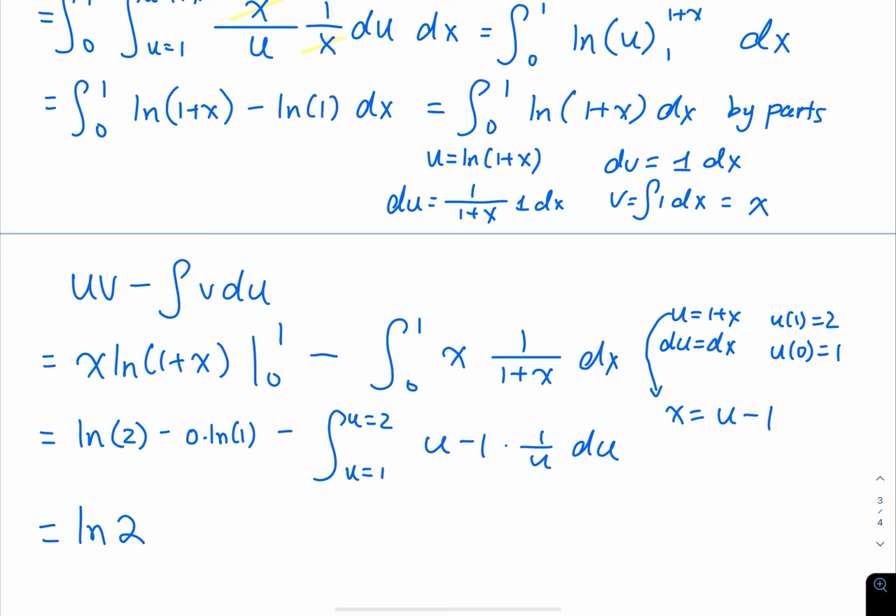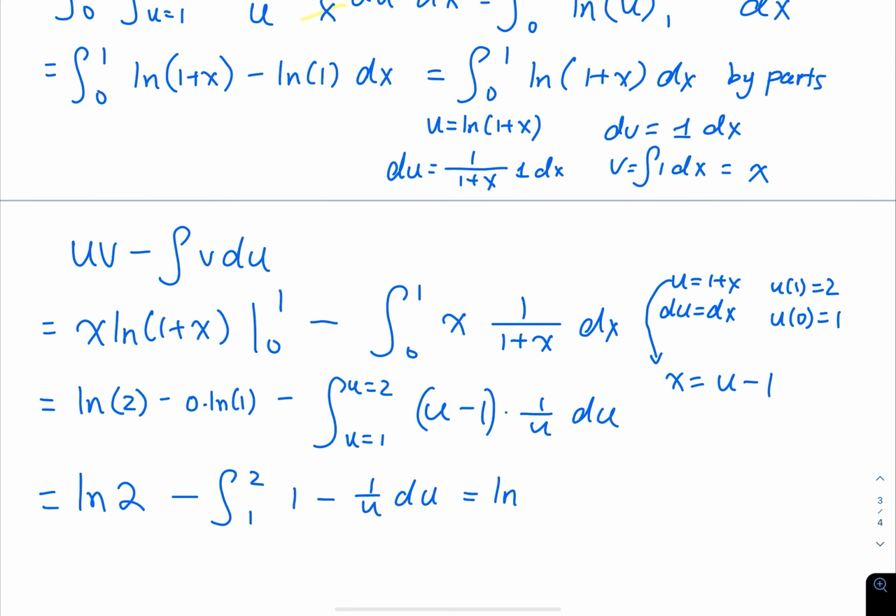So ln 2, and then minus the integral from 1 to 2 of (u minus 1) over u du, which is 1 minus 1 over u du. All right, and then we have ln 2 minus, this will be u minus ln u, where u goes from 1 to 2.